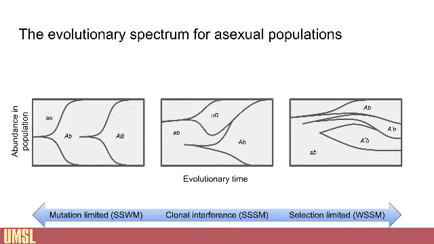And what this is getting at is that the proportion of what's in between these lines is the relative frequency of, say, big A big B versus big A little b versus little a little b, right? So if I were to say, at this particular evolutionary time, maybe 30% of the population is big A, little b, versus little a, little b, right?